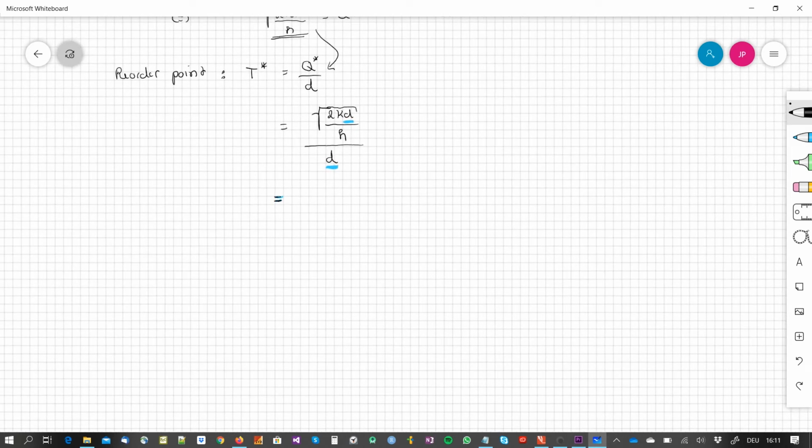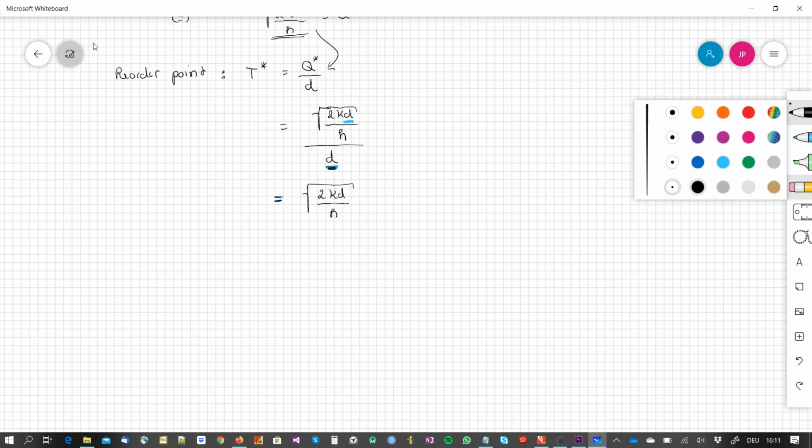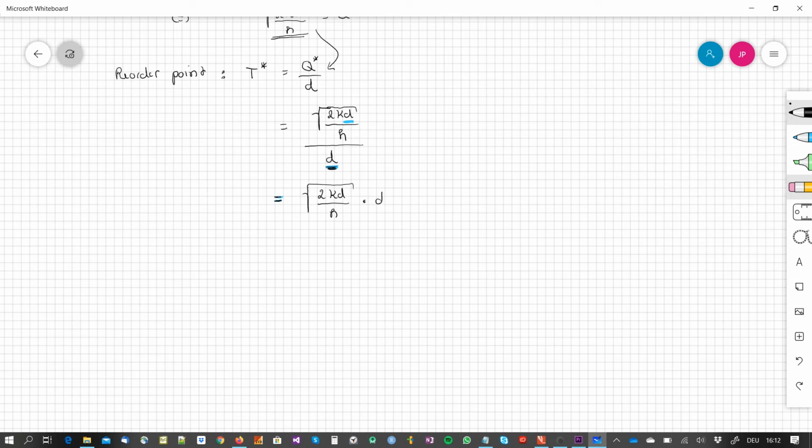So I just use some algebra to rearrange the terms. So the D, this would be 1 divided by D, and this would then be multiplied by D to the power of minus 1. We can use the square root of each parameter alone.